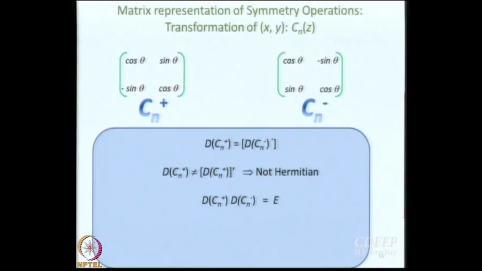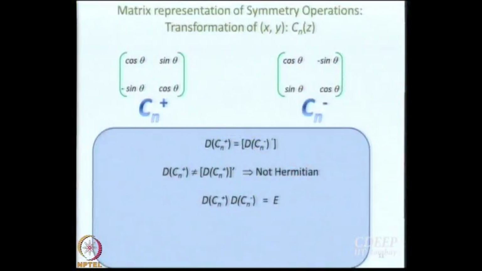Second row, first column, minus sin theta cos theta plus cos theta sin theta, 0, and second row, second column, sin square theta plus cos square theta. I also need to see if everybody is awake. So, this is unit matrix, right. What does that mean? That means DCn plus is the inverse of DCn minus.